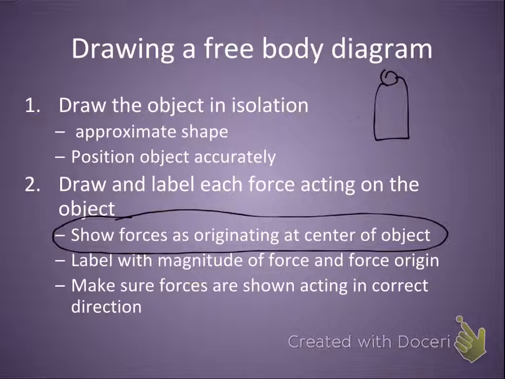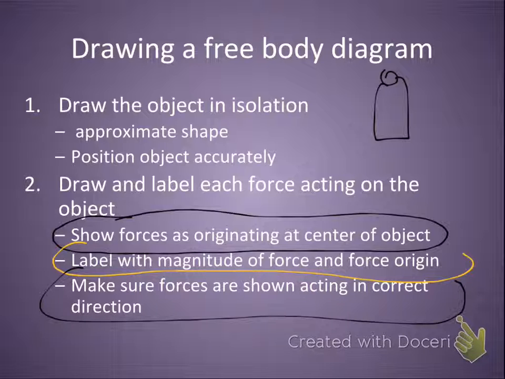If not, you label an expression for it. Whatever information you have about the magnitude of the force and what that force is, whether it's normal force or gravitational force. If I say that Zach is pushing on something, I can label that as force of Zach. We do that. And you want to make very certain that you show those forces going in the correct direction.